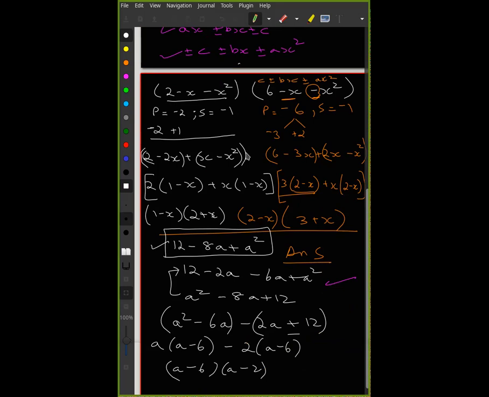Okay. Vishwa, you were asking me what is the way to check, right? Yes, sir. Now see over here, when we have this term, we factorize this to 2 minus x and 3 plus x, right? So our factors here itself are 3 and 2.